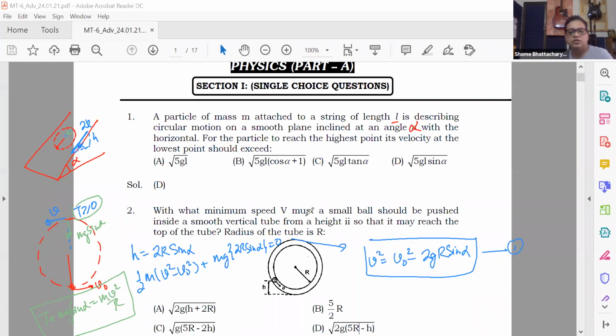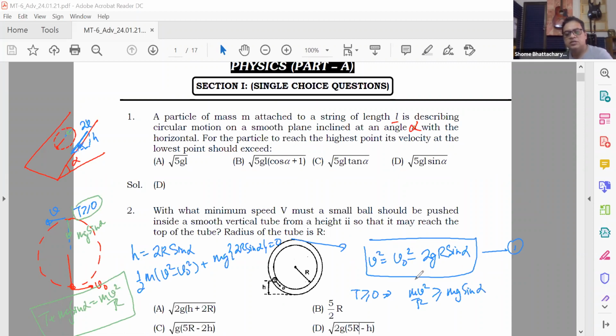Okay, very good. So then what is your equation for T to be greater than or equal to 0? It implies that mv square by r should be greater than or equal to mg sine alpha.